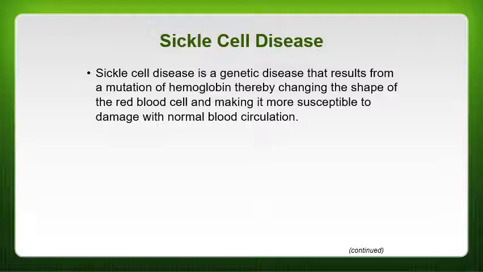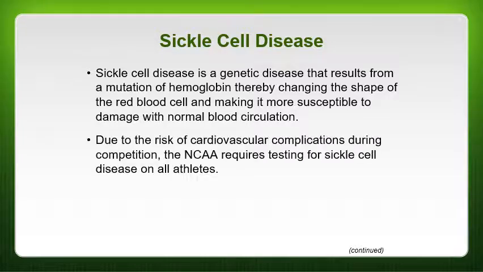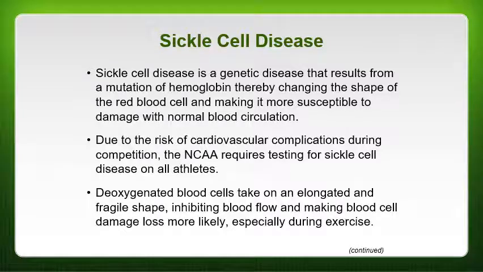So it's a less severe form, but the person could still end up having issues because of it. This is a disease more common in individuals of African descent, and least common in Caucasians. Due to the risk of cardiovascular complications, the NCAA requires sickle cell testing on all athletes.